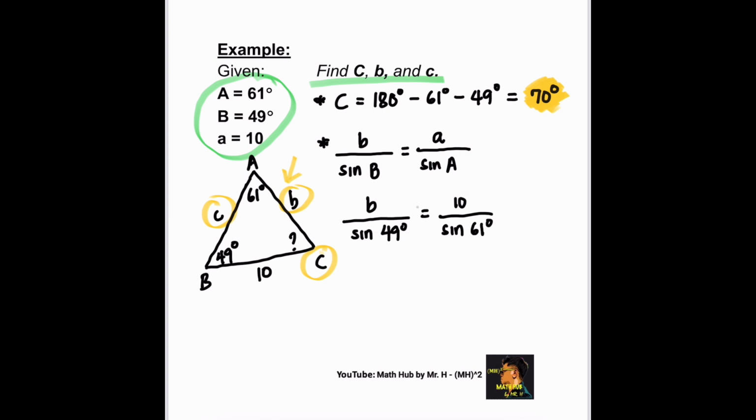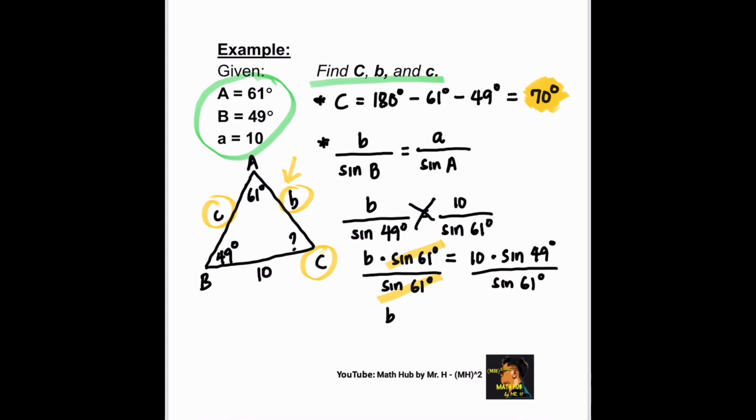And we can apply cross product here. b times sine 61 degrees equals 10 times sine 49 degrees. To find b, we need to divide both sides by sine 61 degrees. Sine 61 degrees divided by sine 61 degrees is 1, so b equals this whole thing right here.